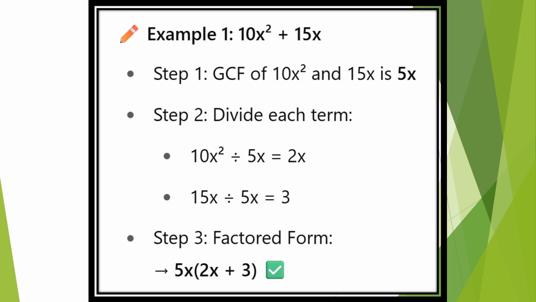Since x divided by x, when we divide our polynomial, you subtract the exponents. So, 1 minus 1 is already 0. So, only 3 is left. Then the factored form is 5x times 2x plus 3.